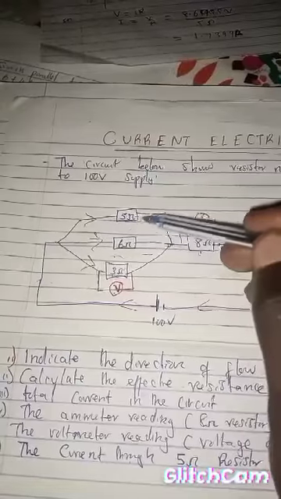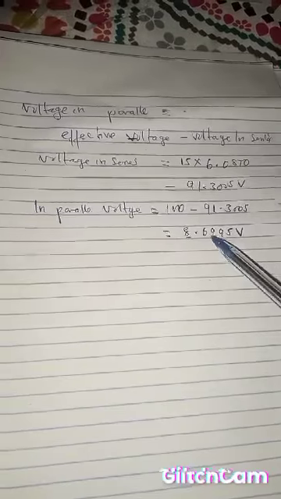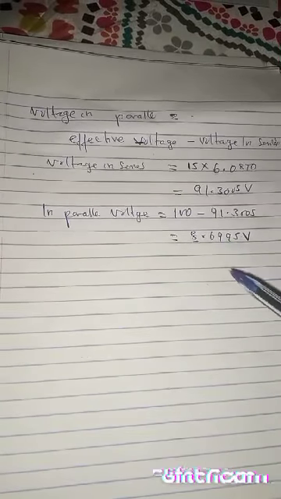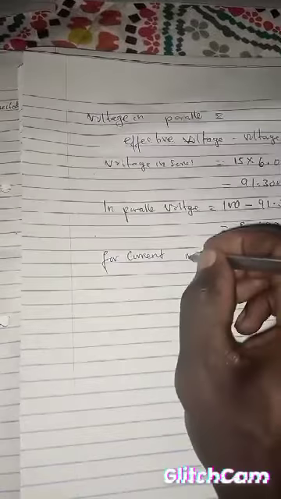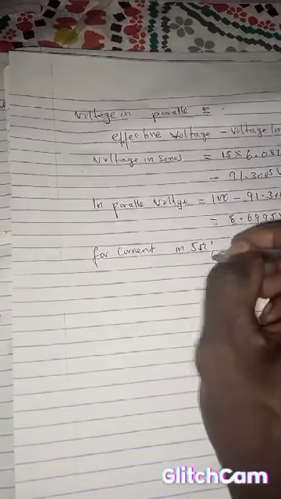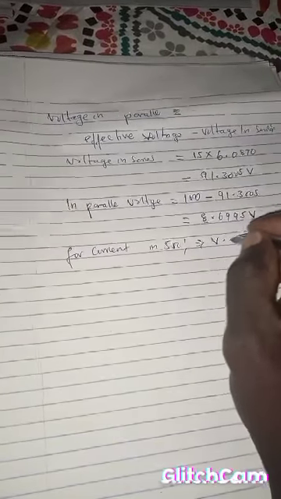So in parallel, voltage is the same, which is the one that we have found here as 8.6995 volts. Then the last question is the current through the 5 ohm resistor. The 5 ohm resistor is the one here in parallel with the others. To find the current through it, we know that in parallel voltage is the same, and we have already found the voltage in parallel to be 8.699 volts. So for current in the 5 ohm resistor, we use the formula V is equal to IR.